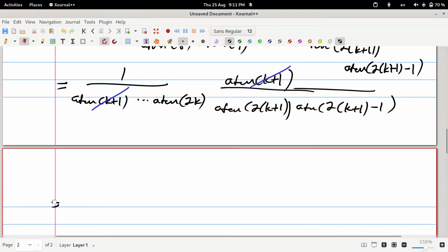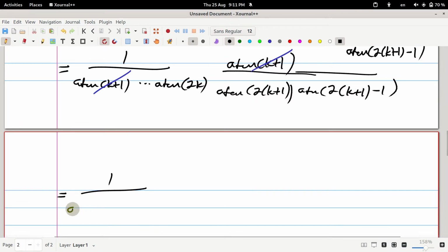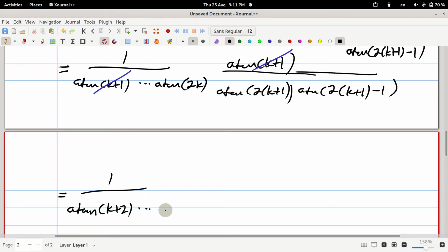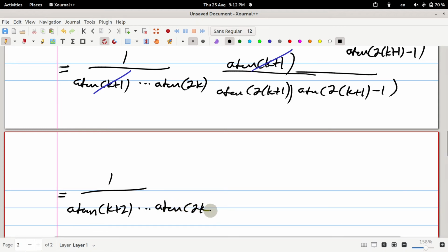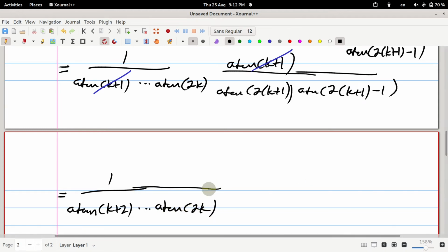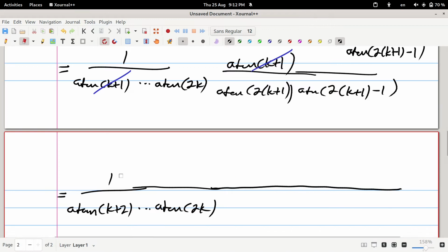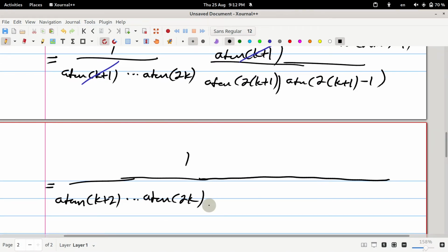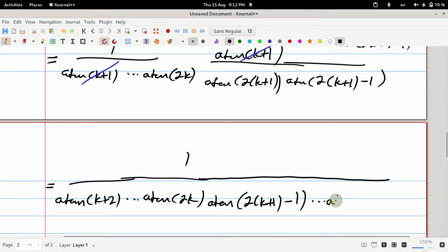So now what do we observe? Let's just reorder the terms under. So that would be a tan k plus 2 all the way up to a tan 2k. Again, same thing: a tan 2k plus 1 in bracket minus 1, multiplied all the way up to a tan 2 multiplied by k plus 1 in bracket.